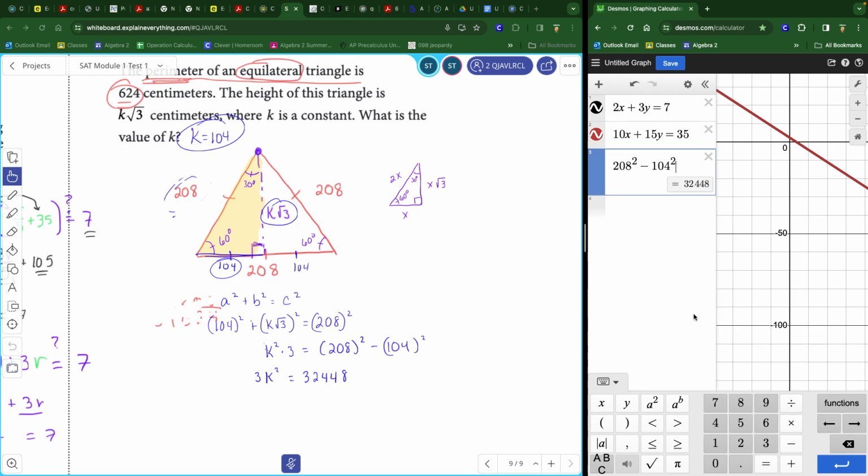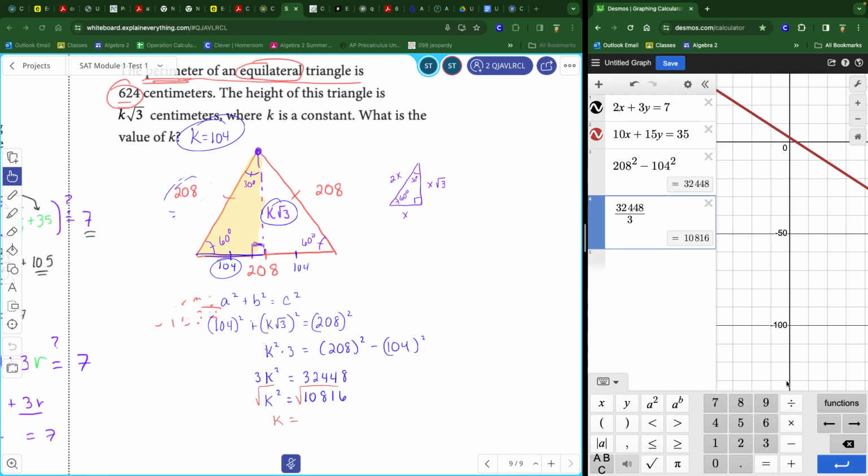I'll divide that by 3. 32,448 divided by 3 tells me that k squared is equal to 10,816. And then I will square root both sides to find out what k is.